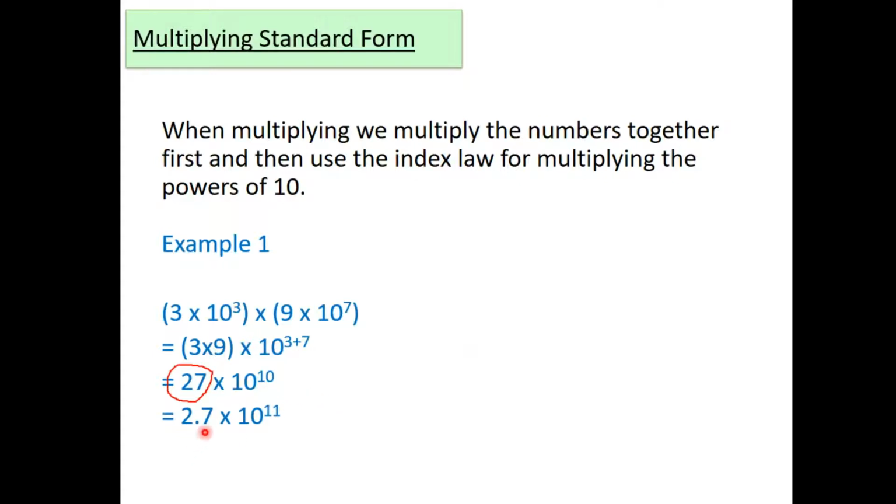And then when I move it one to the left, I therefore have to add 1 on to the power, because I now need to times it by another power of 10 in order to move the decimal point back to where it should be. Okay, so the answer in standard form is 2.7 times 10 to the power of 11.